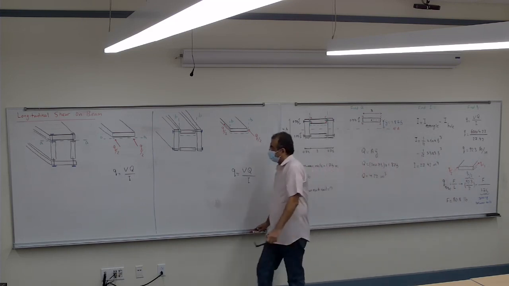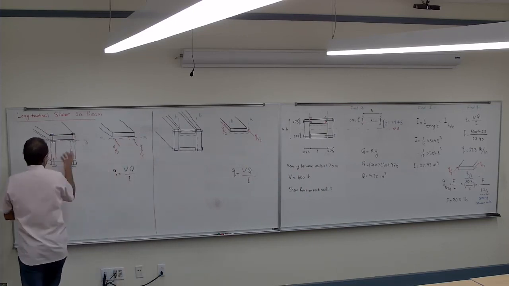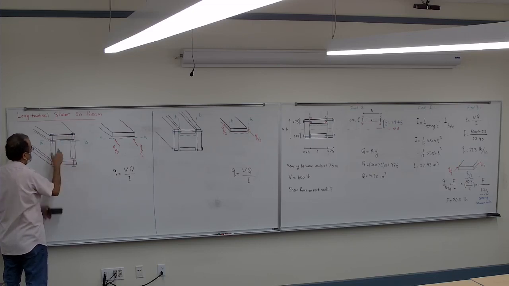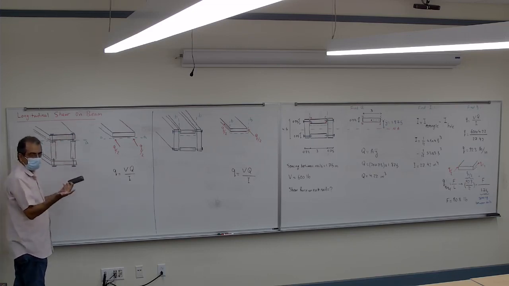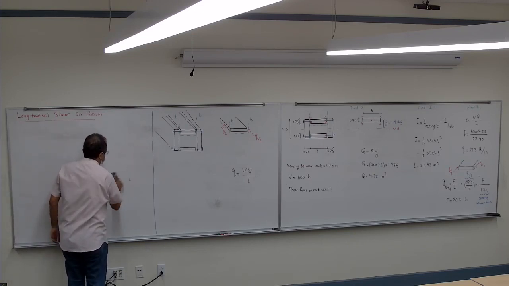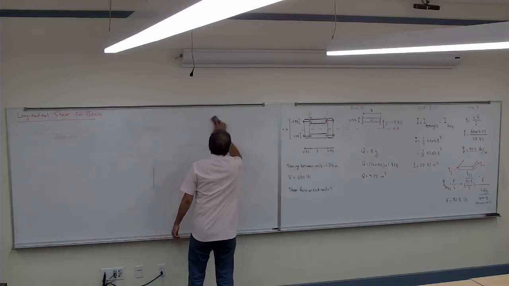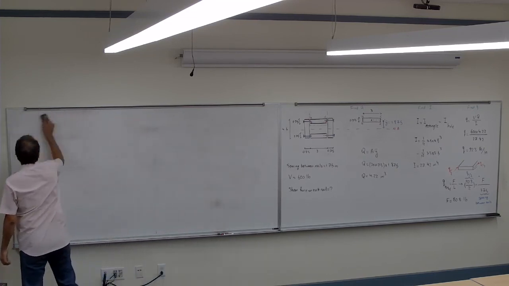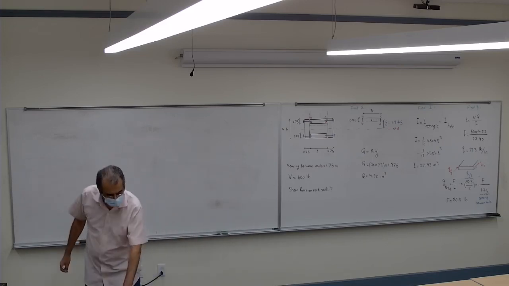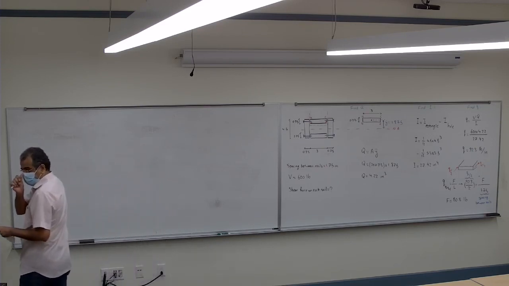Now let's look at what if instead of having the nail there, this entire thing is one section. So I build a cross section that has a thin wall already connected to each other. How the shear works there, that's going to be very similar to this. So the shearing stress in the thin wall.